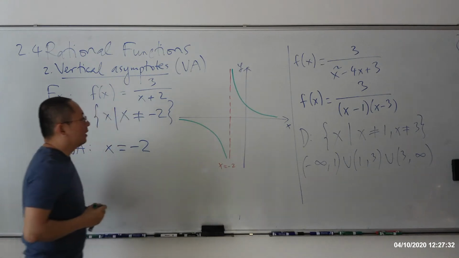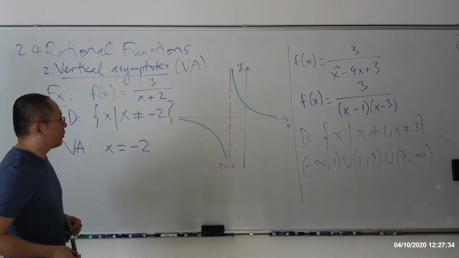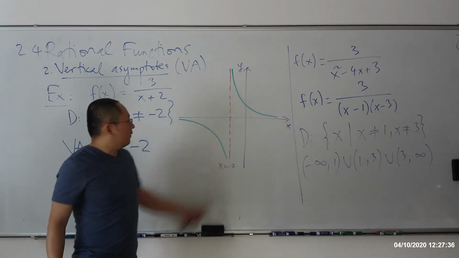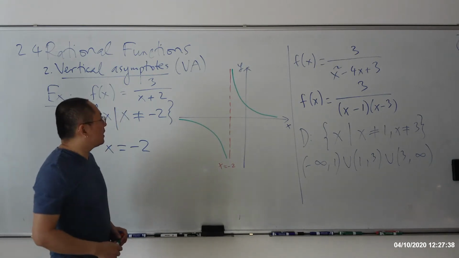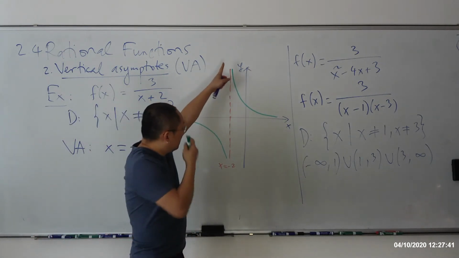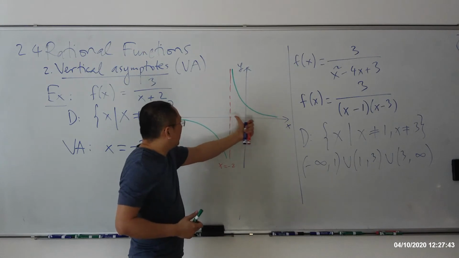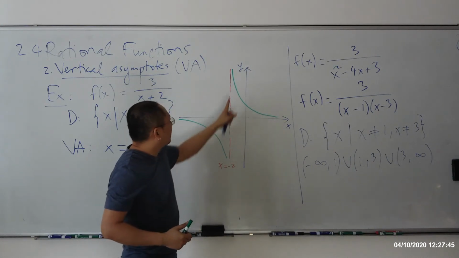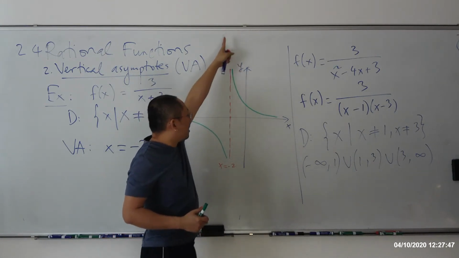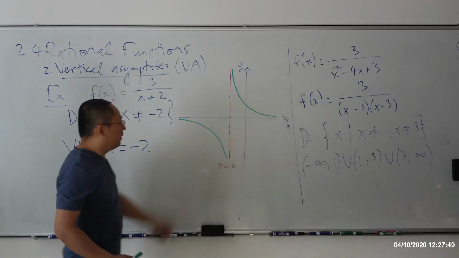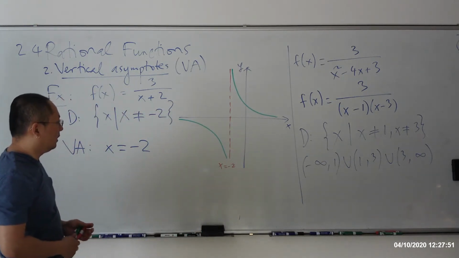As you see, the two green curves are approaching the vertical dotted red line, but never intersect at infinity. When x gets closer, either from the right or from the left, the function tends to go to either positive infinity or negative infinity, but never hits the vertical line.